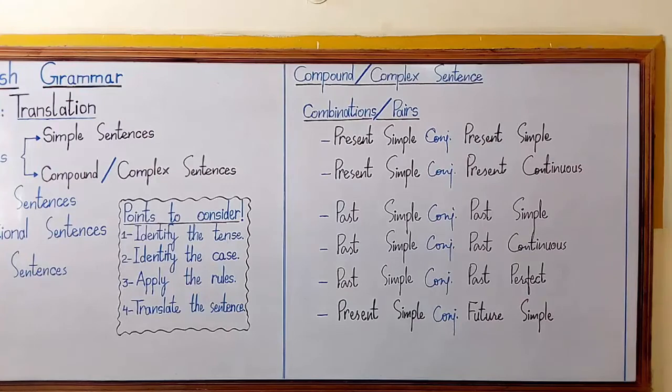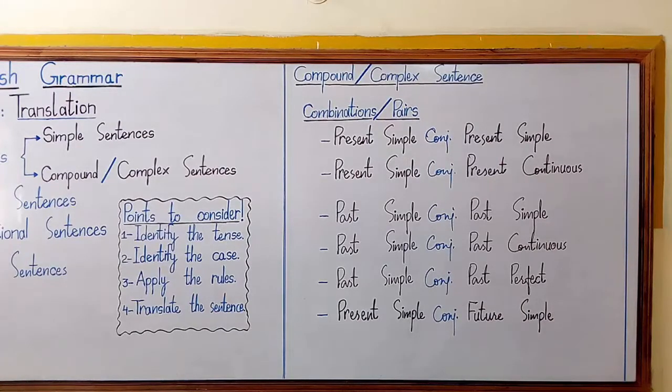There are two simple sentences in every compound or complex sentence, one before the conjunction, one after. There are 6 common pairs or combinations of compound or complex sentences in the English language. What do I mean by common pairs? It means that people usually use these combinations more in their language.